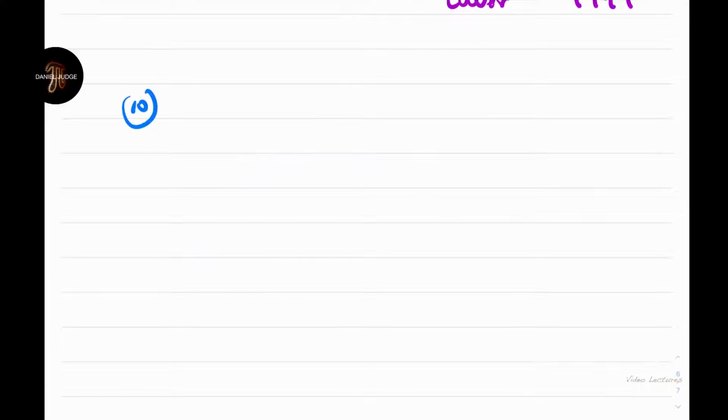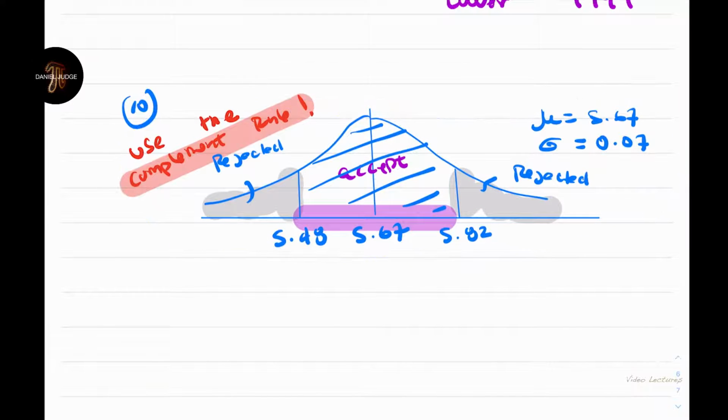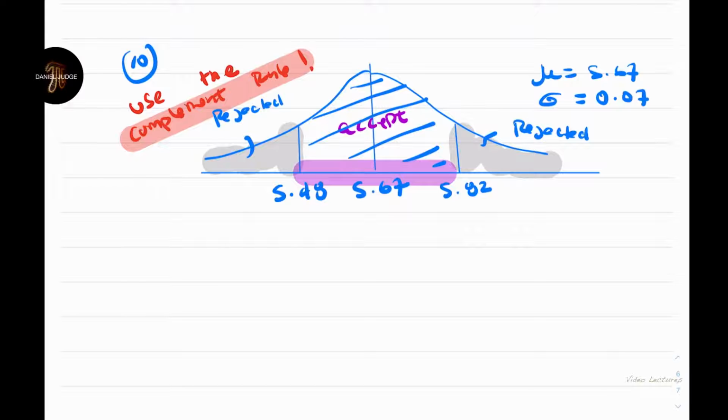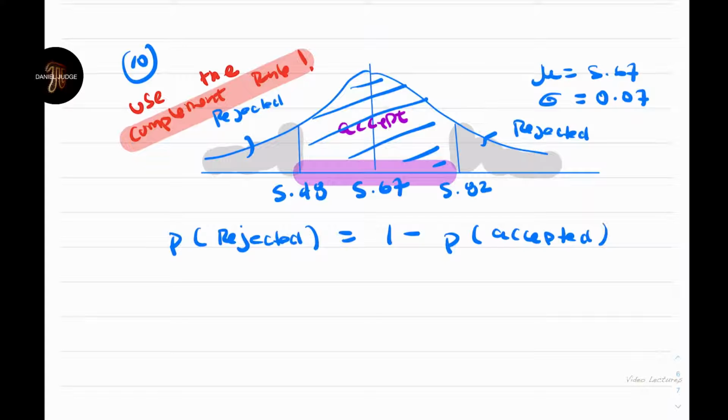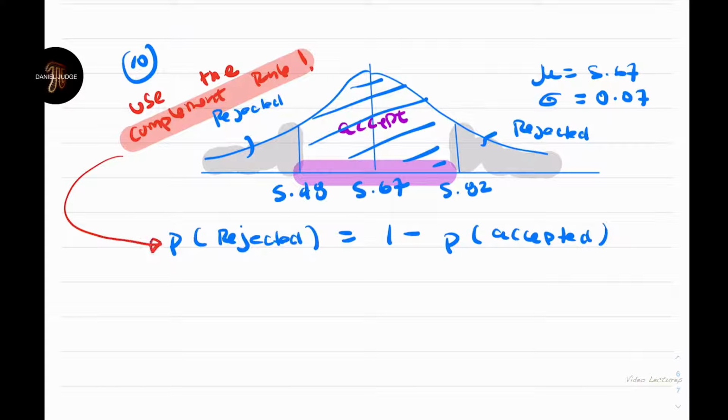I like this thing. You know what my game plan's going to be? I'm going to use the complement rule. Probability of being rejected is 1 minus the probability of being accepted. This is the complement rule. Outstanding. Great.